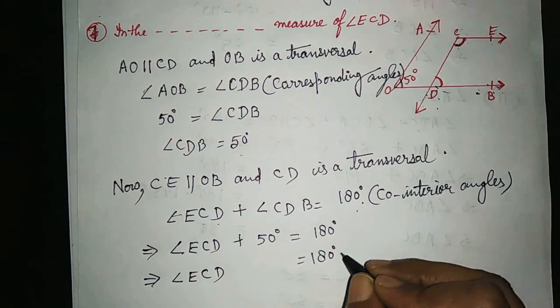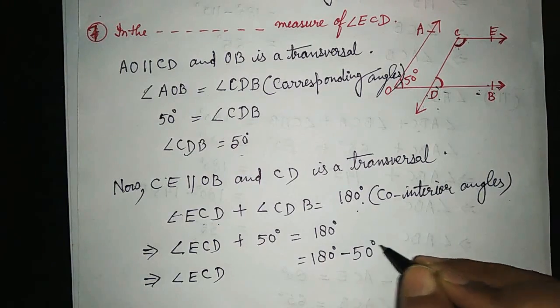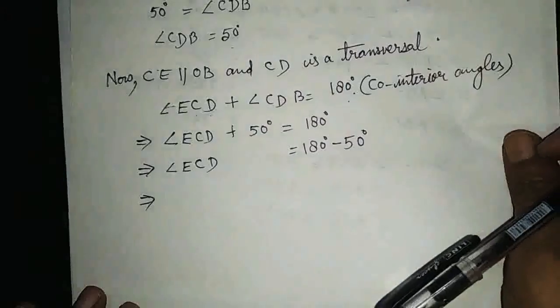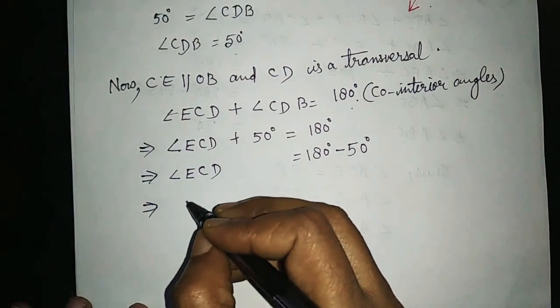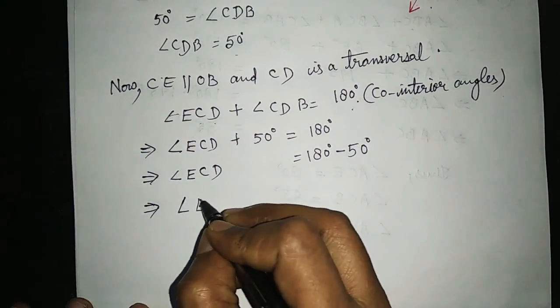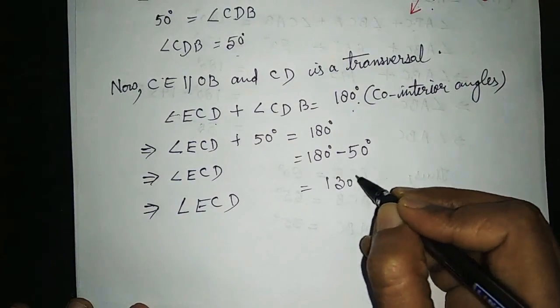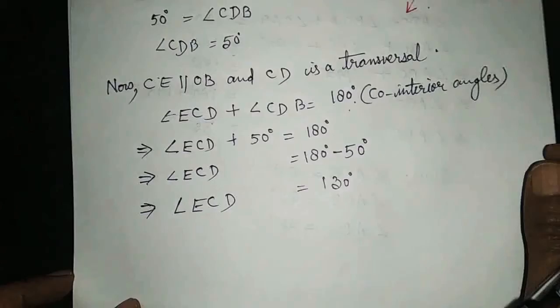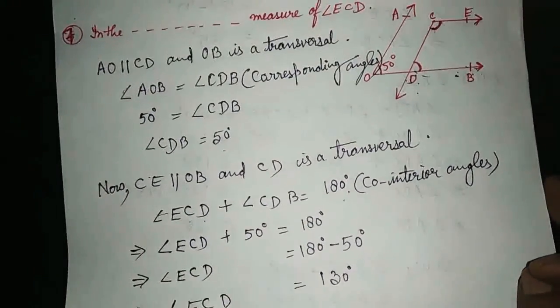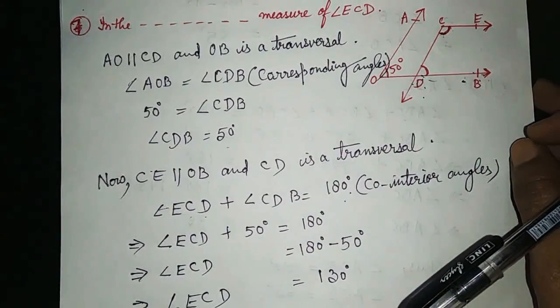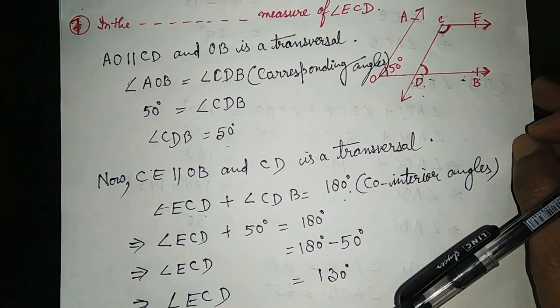This 50 degree we will transpose to right hand side, and then here angle ECD is equals to 130 degree will come. So I think this solution is also clear.